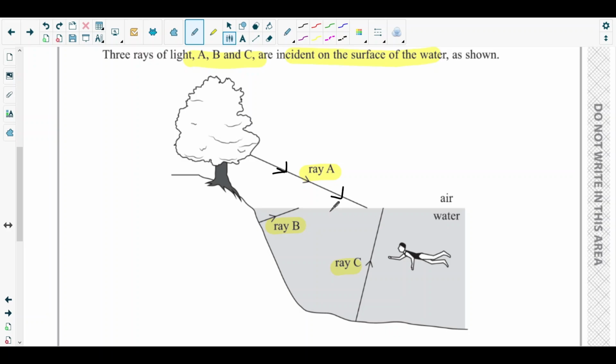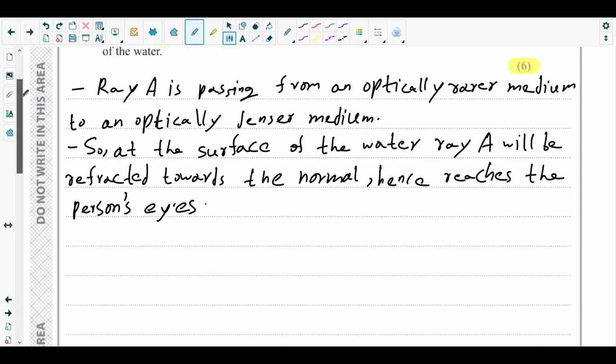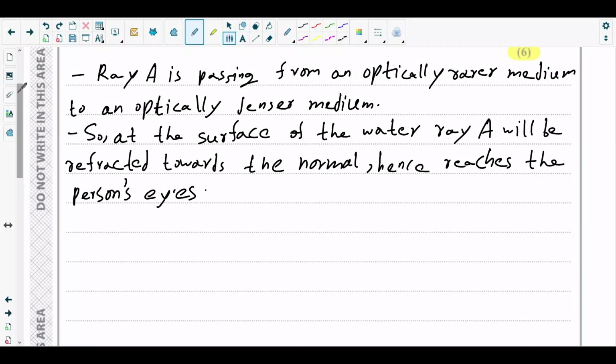So for ray B, we have to mention that ray B is incident at the water surface at an angle greater than the critical angle for the air water interface. That's why it will get totally internally reflected, and that's how it will reach the person's eyes. We can't say again that ray B is passing from a denser medium to a rarer medium, because we have already said that in the first point.